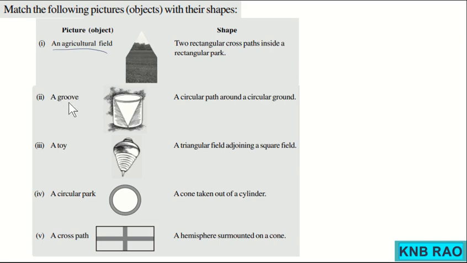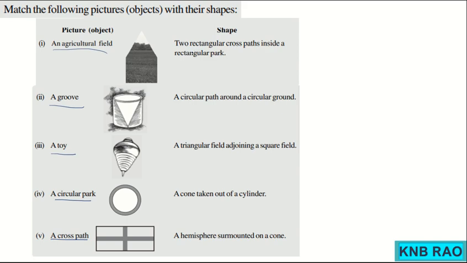Here another picture, a groove. Third picture, a toy. Fourth picture is a circular park. Fifth picture is a grass path. Okay, so we need to match with the appropriate shape.